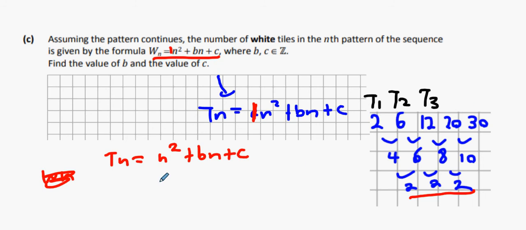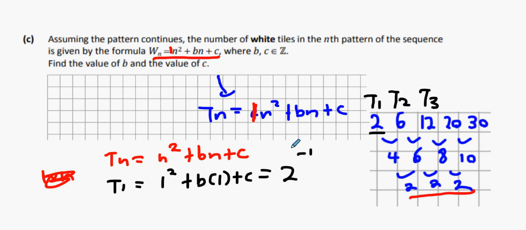So what happens if I replace all the n's with 1s? What does it have to equal? T1 is 2. What's 1 squared? And what's 2 minus 1 when you bring it over to your side? So everybody gets B plus C equals 1.